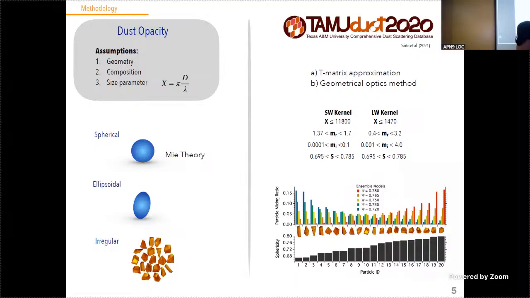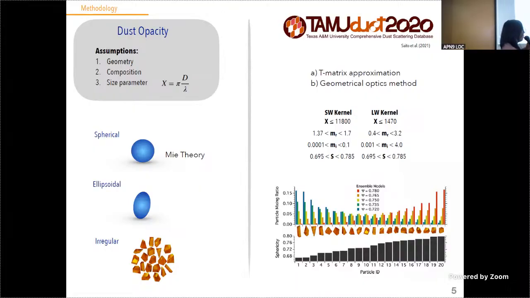This database has the single scattering properties of a variety of almost 20 particles, given for different ratios in size, where the ratio is the width of the particle over the longest axis of the particle. Tamodos also works with two kinds of kernels, the short Weibull kernel and the long Weibull kernel, and these are the constraints for each kernel.